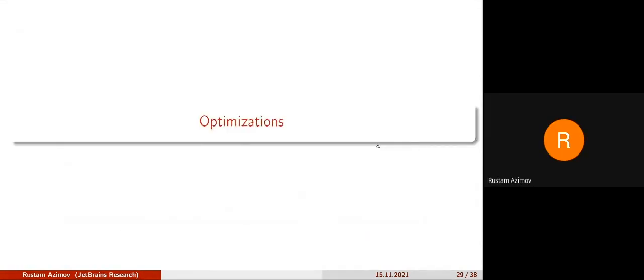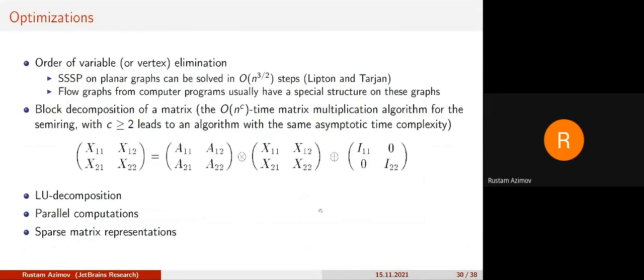Great. Now about optimization. It's an important part of this framework, because many of the solutions can be optimized using different matrix optimizations and different computing techniques.